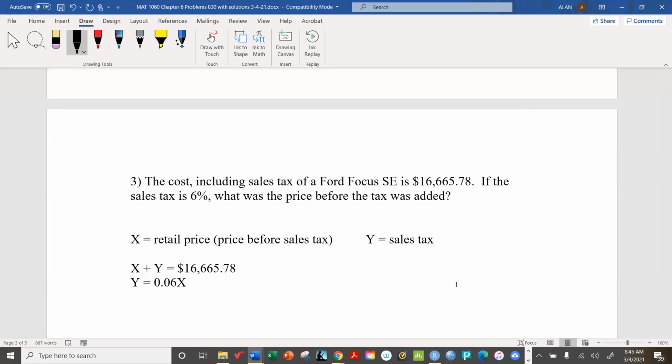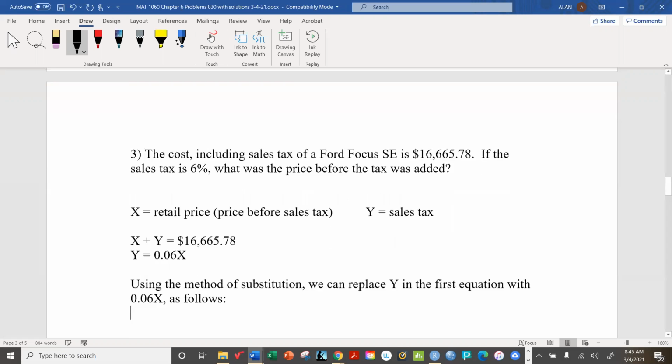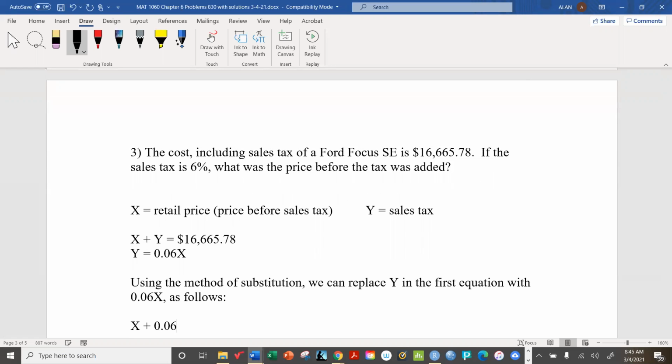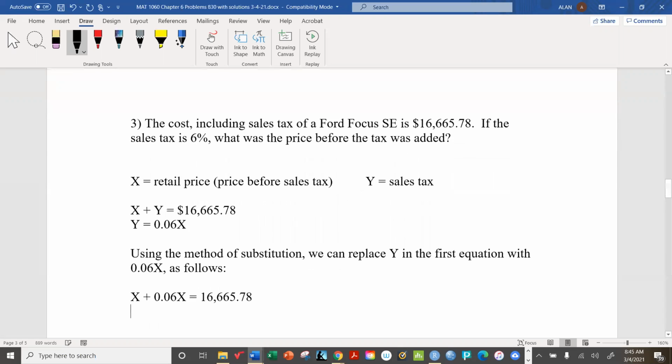Now, again, using the method of substitution, we can replace Y in the first equation with 0.06x as follows. X plus 0.06x equals 16,665.78. Now I can combine these because they both have a common factor of x.